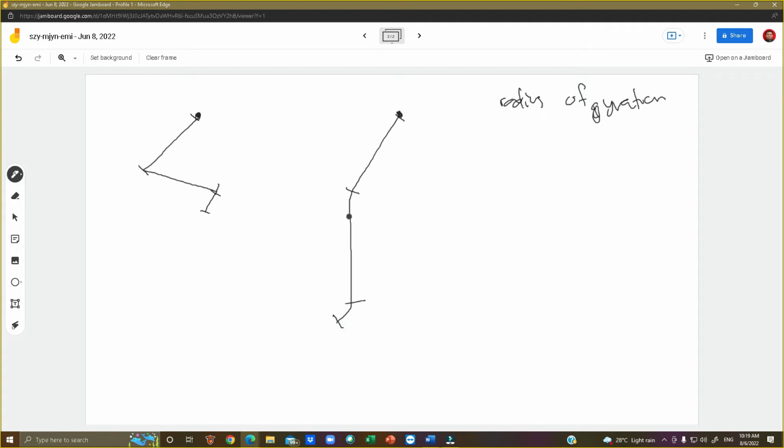So for radius of gyration, in order for us to determine the whole mass of this leg during rotation. Okay, during rotation. Kalau without rotation, we just measuring dia punya mass. Okay, let's say mass untuk kaki ni 10 kg. However, during rotation, it's going to be different. Okay, so how we want to determine that?